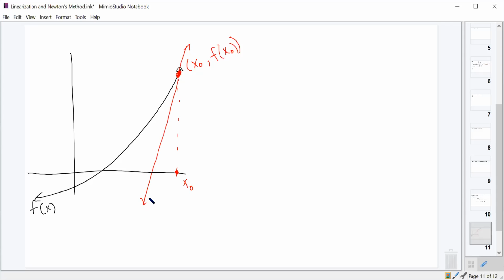Do you guys agree? Could I find the equation of it? How do I find the equation of a line? You have a point and you find the slope and you put them together. Exactly. A point and a slope, you use point slope form, write an equation. Easy, right? Well, what's the slope of this line at that point?